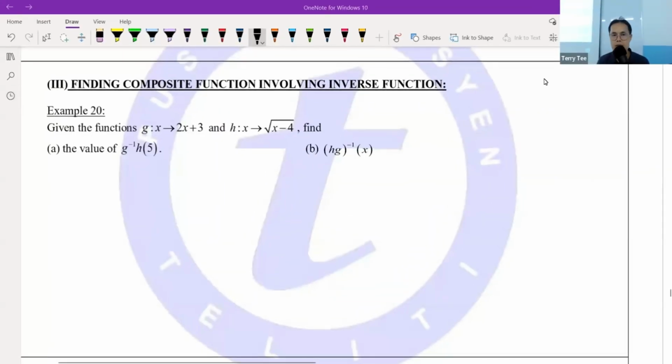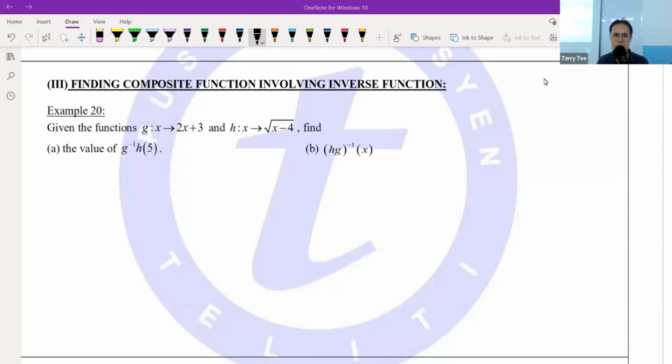All right, guys, this one involves composite functions. You're finding the value of g inverse h(5). Okay, maybe I find h(5) first. h(5) means you're putting 5 inside. I have a few ways of doing that, but I think most people would probably go and inverse the function.